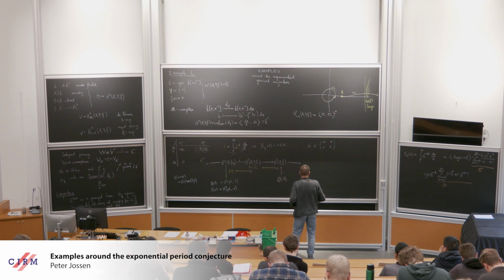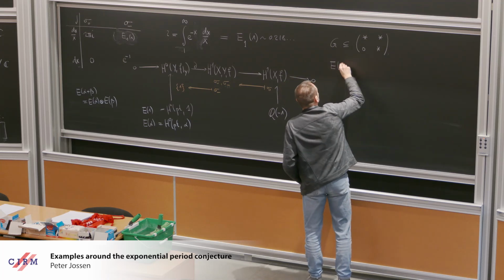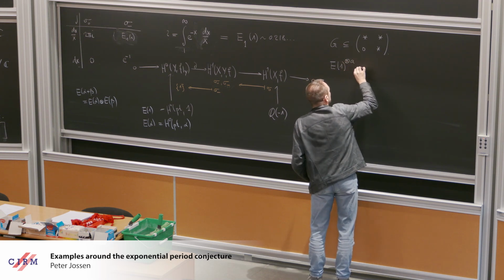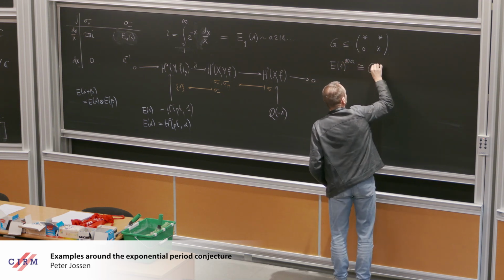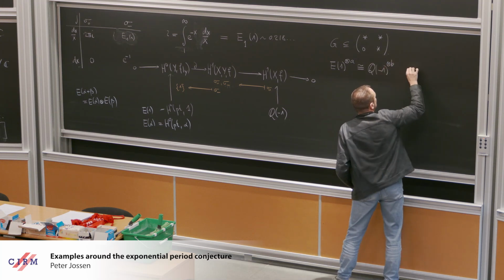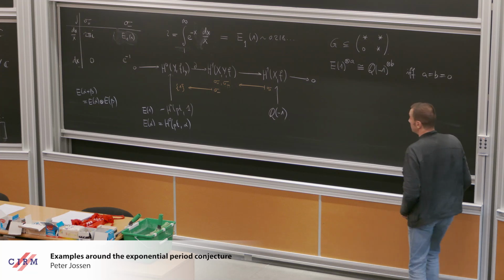On the other hand, you can show, or at least believe me, that E1 to the power A is isomorphic to Q(1) to the power B if and only if A and B are 0.